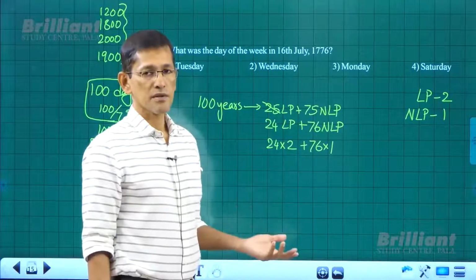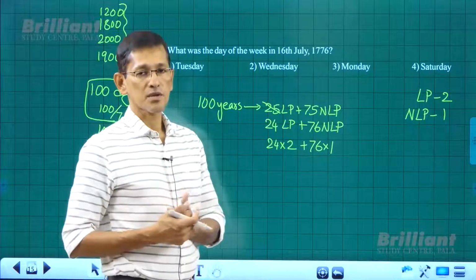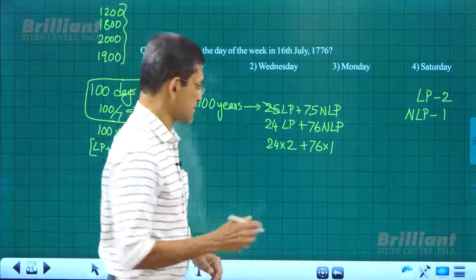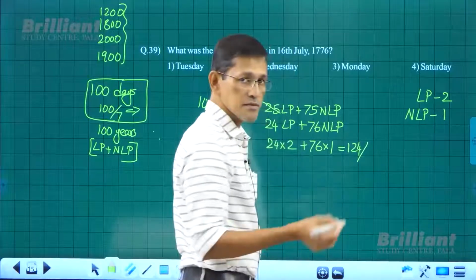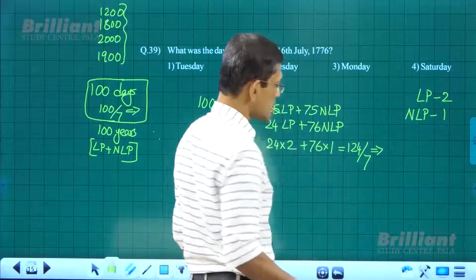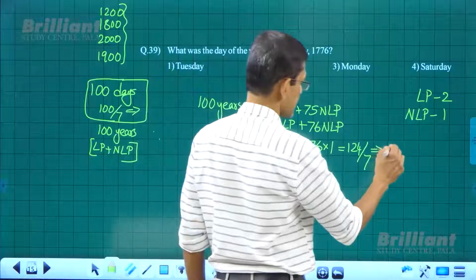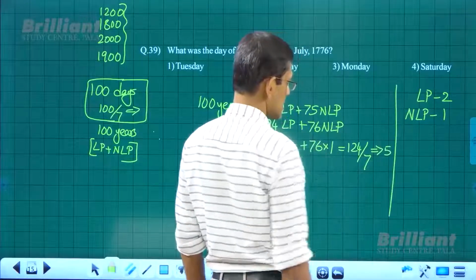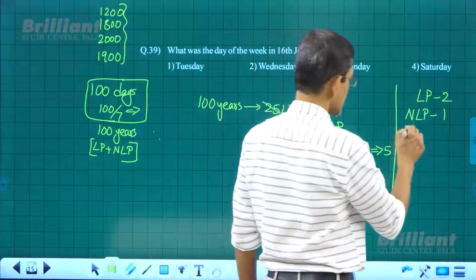In order to find the final number of odd days, 124 must be divided by 7. The remainder you get, 124 by 7, is 5. So for 100 years, how many odd days do you have? 5 odd days.